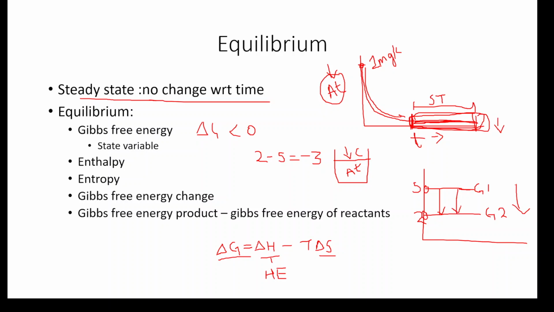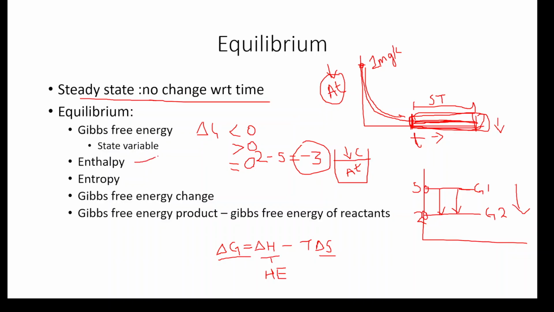So that is called feasibility. So if the Gibbs free energy is negative, the reaction is feasible. And if the Gibbs free energy is greater than 0, the reaction is not feasible. And if it is equal to 0, then we say the reaction has reached equilibrium. So that is the farthest point the reaction can go.